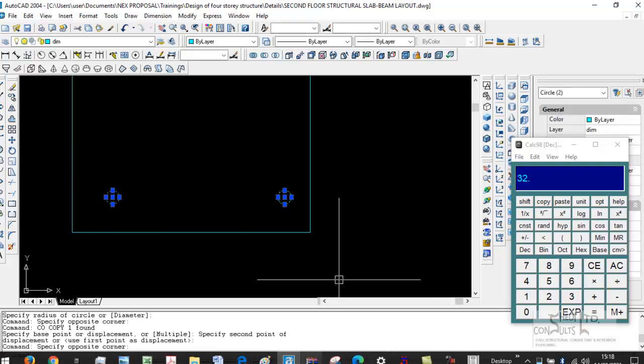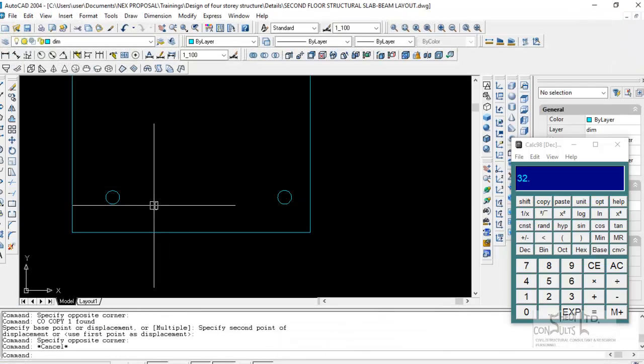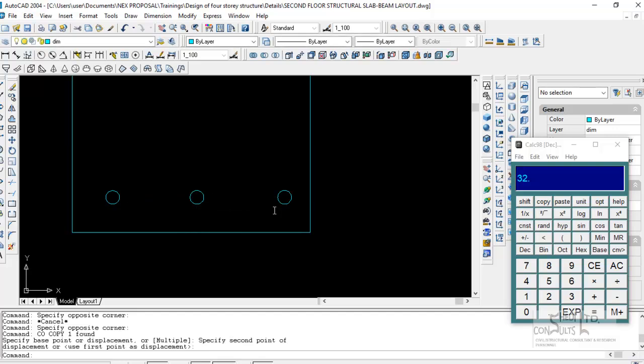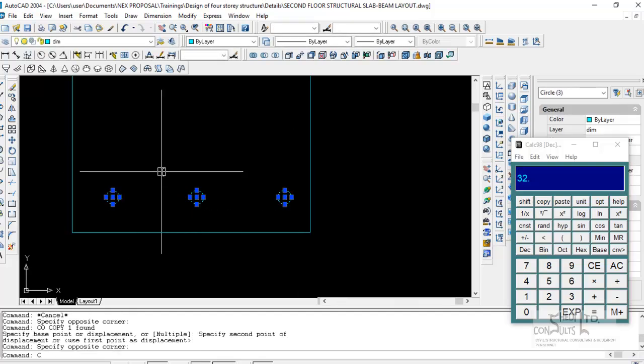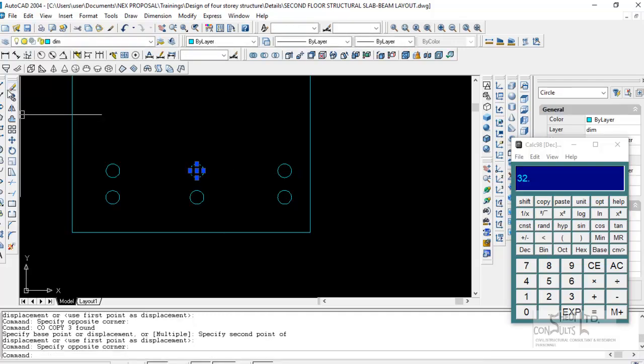It says the first bar you require is 3T16 at 43. At height 75, you need 2T. So here you need 3T. It gives you another height where you need 2T. So one may ask, how did you get the second height?